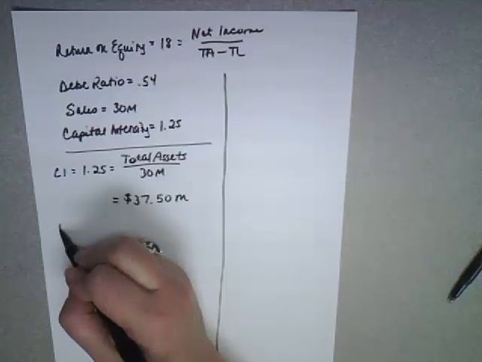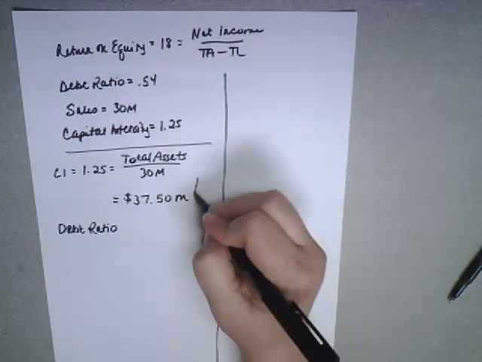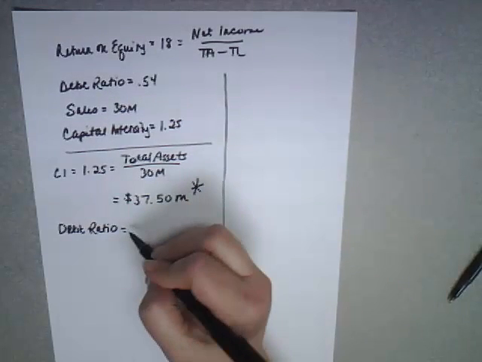Then when we go to the debt ratio, again, I'm going to put a big star around this because we're going to need it. So we have our debt ratio.